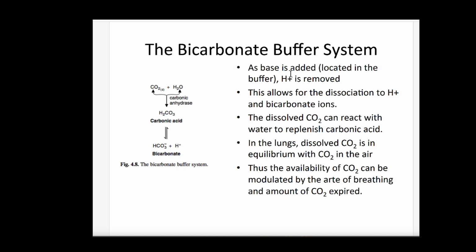But we have to also think about the lungs. In the lungs, you have that dissolved CO2, and it's in equilibrium with the CO2 in the air through the process of breathing. So the availability of CO2 can be modulated by the art of breathing. I mentioned this before, Kussmaul breathing. Go back to our patient, Mr. Veer, and dealing with his grandson, Dennis the Menace Veer.